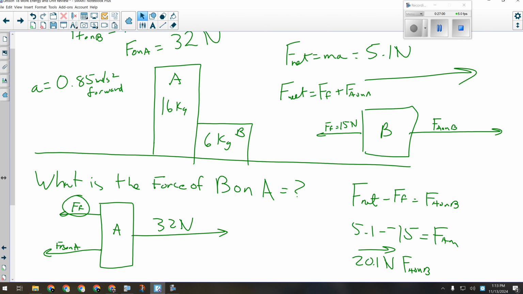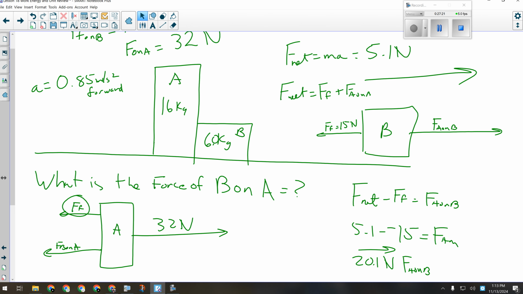So, what's the force of B on A? Let's just say that was 6.0. Negative 20 newtons, or 20 newtons backwards, would be the force that B exerts back on A. Everybody with me there?